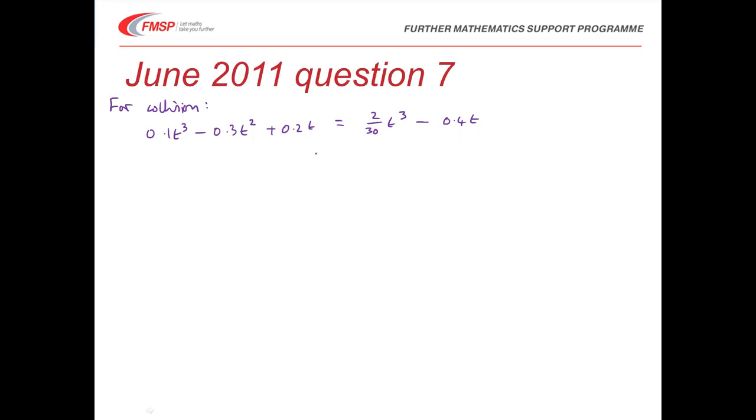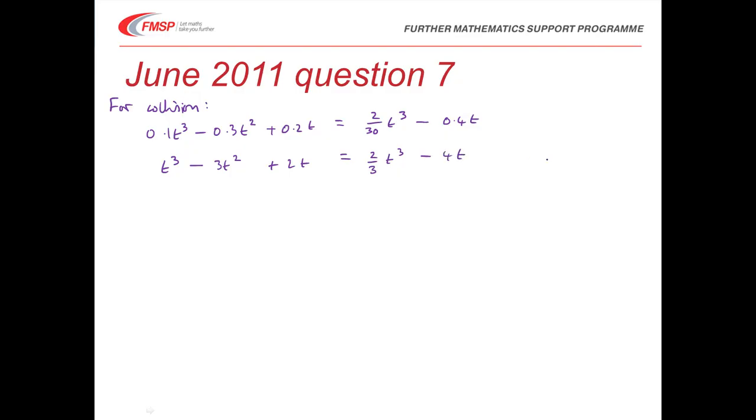Well, the first thing is I don't much like all the decimals, so I'm going to multiply through by 10. That gives me t cubed minus 3t squared plus 2t equals, well, multiplying this by 10, I get 2/3 t cubed minus 4t.